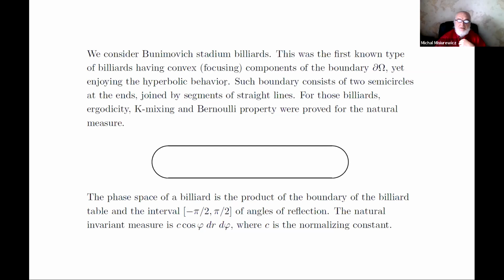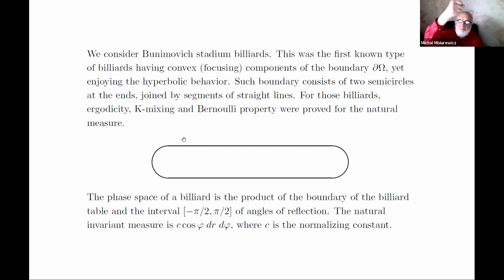And then at a certain moment, I don't remember which year it was, Bunimovich produced a stadium and proved that indeed this is the case. So, as I said, the boundary consists of two semicircles, one on the right, one on the left.